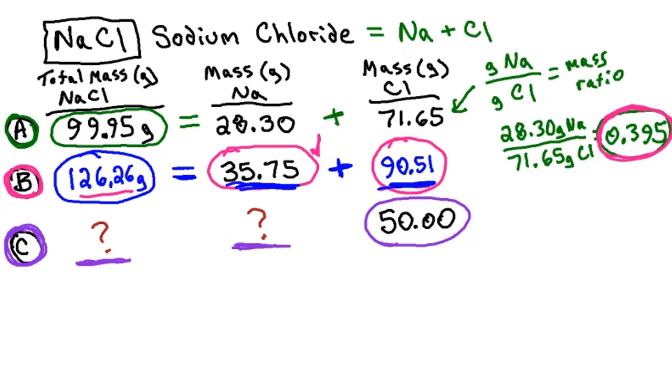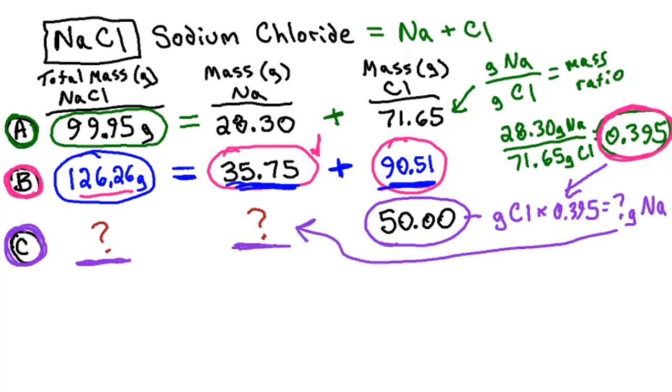So if we take the mass of chlorine times the mass ratio, that is going to give us the mass in grams of sodium, which is what this is.